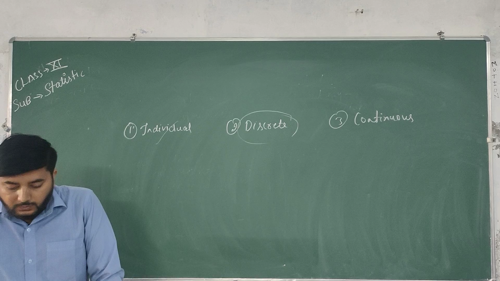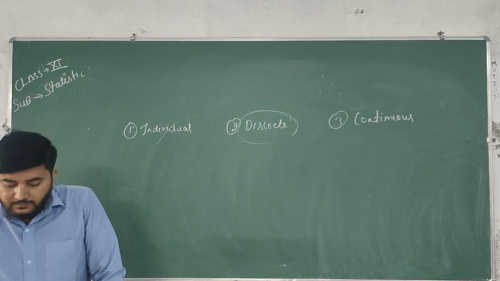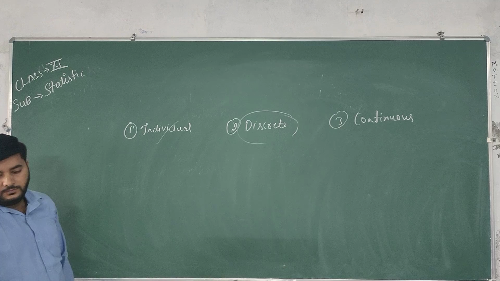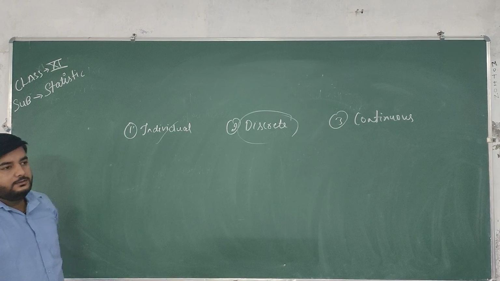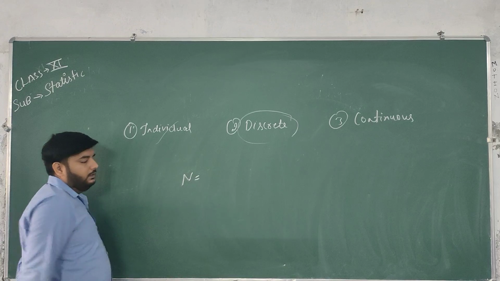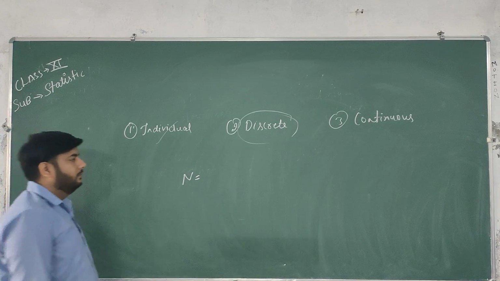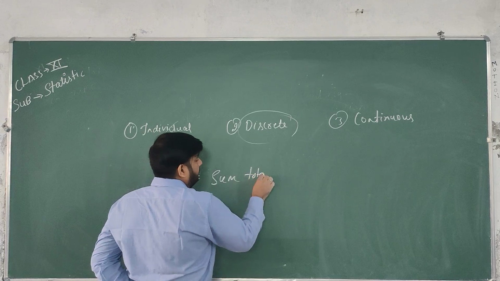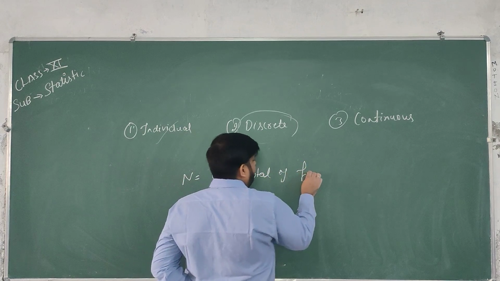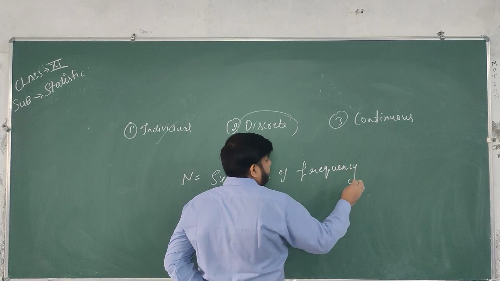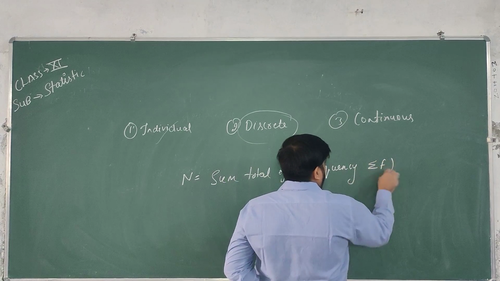In a discrete series the total number of observations, that is N, is equal to the sum total of frequency, that is sigma f.